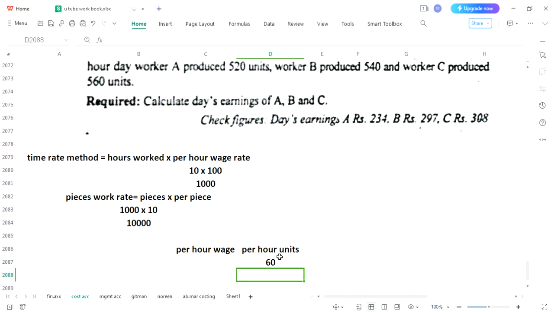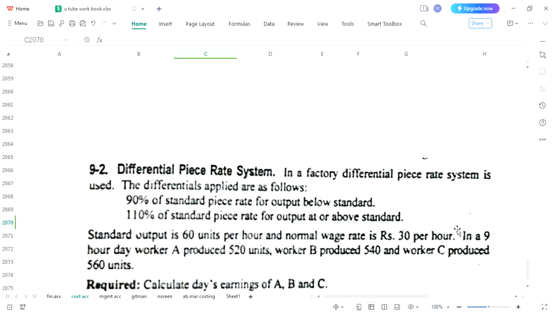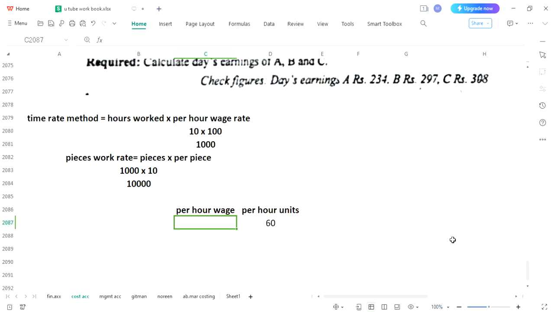You can see that 60 units per hour is mentioned in the question. And second, wage rate is 30 per hour. In per hour, how much amount has been received? That would be 30.